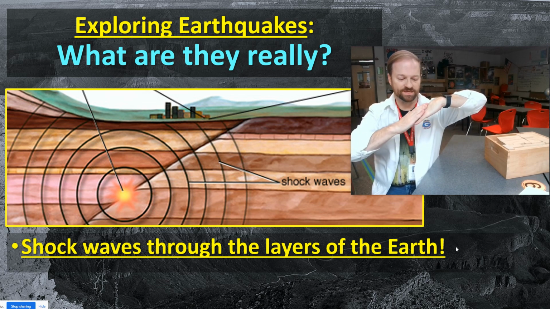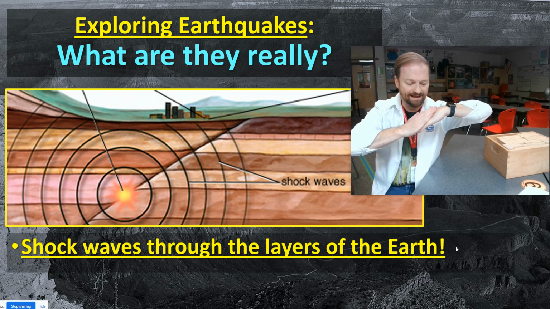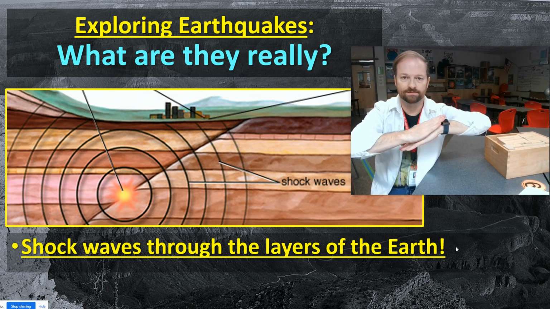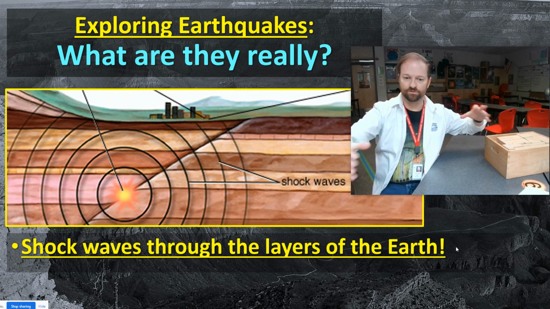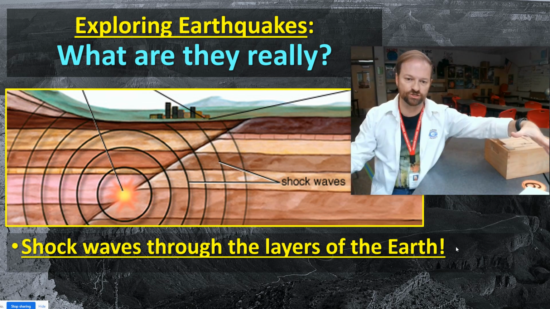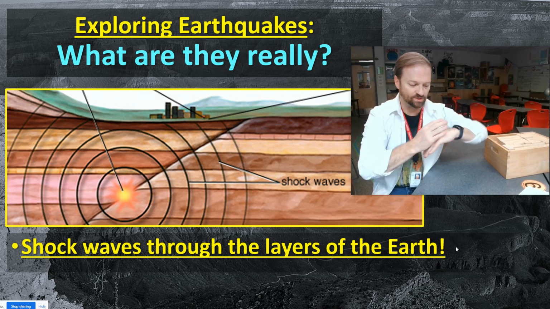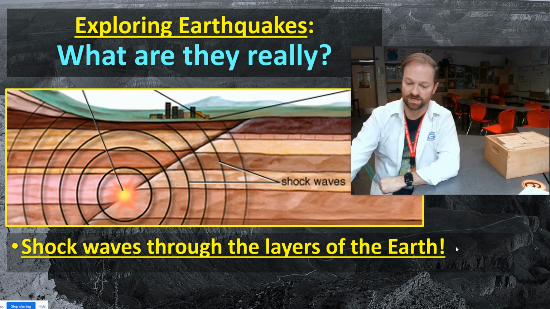And one of them is moving, pushing together, the other one is resisting, and they bind up together. Okay, they bind up and they're stuck, and then finally there's enough force, enough pressure, and it releases. And when that shock wave happens, it sends waves out through all different directions from wherever that stress was released, that epicenter, that source of those seismic waves.